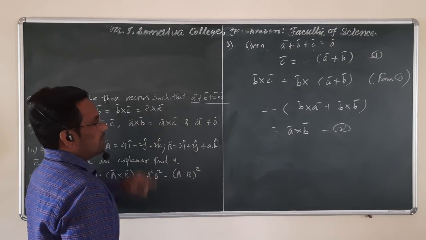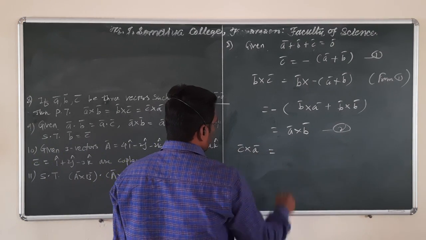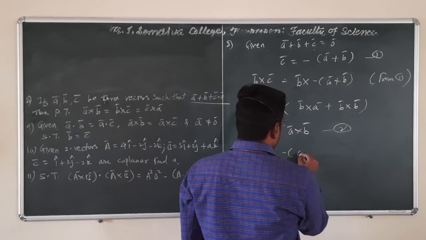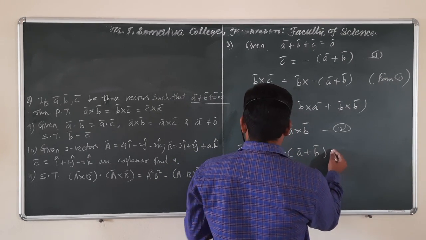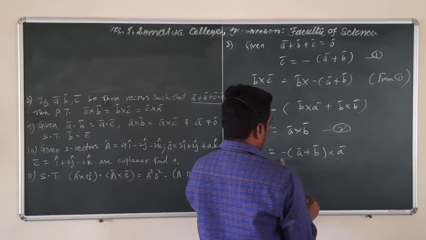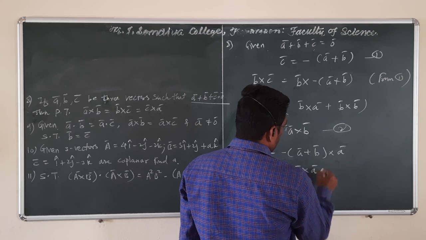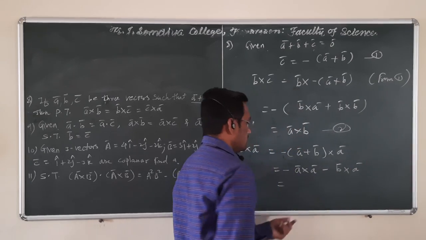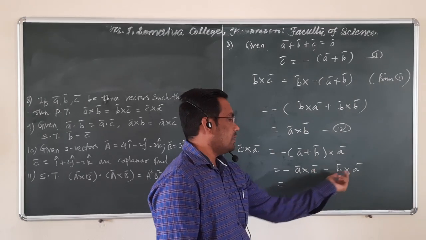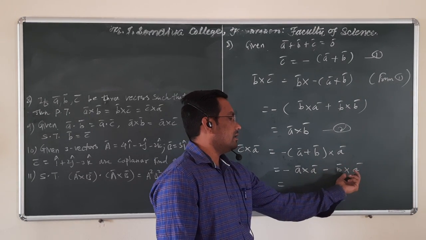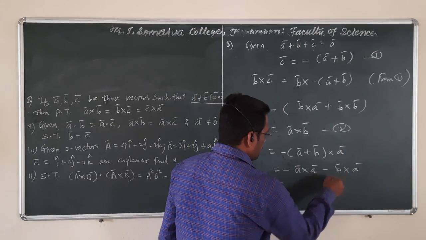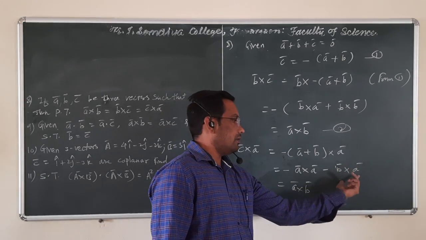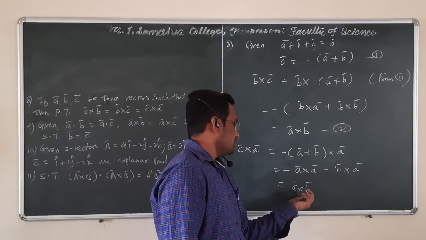Now the last part, C cross A. Again from equation 1, vector C is minus vector A plus B. So minus vector A plus B crossed with vector A is equal to, first term, minus vector A crossed with vector A, minus second term, vector B crossed with vector A. So A cross A is again 0, and minus B cross A is minus minus A cross B. If you flip this B cross A to A cross B, that will have a negative sign, so this is A cross B. Call this equation 3.